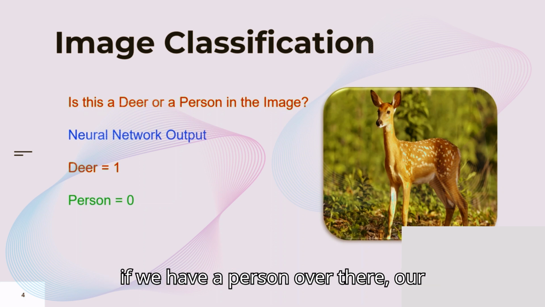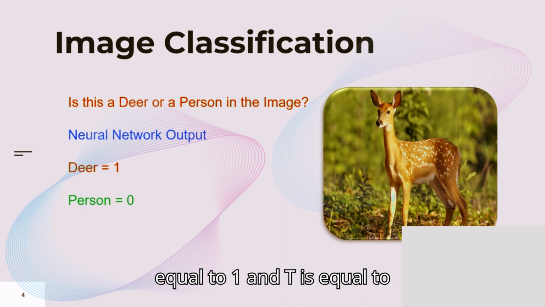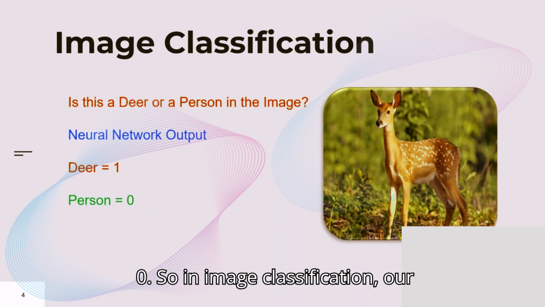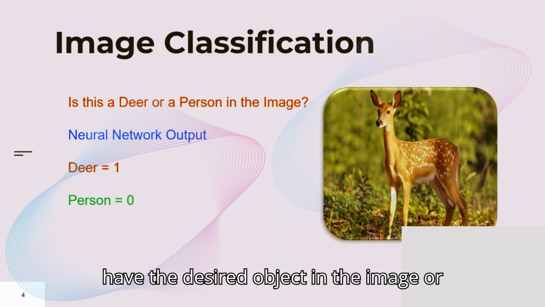In the other case, if we have a person over there, our neural network output will be person is equal to 1 and deer is equal to 0. So in image classification, our goal is to simply classify whether we have the desired object in the image or not.